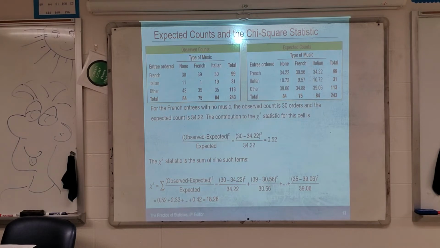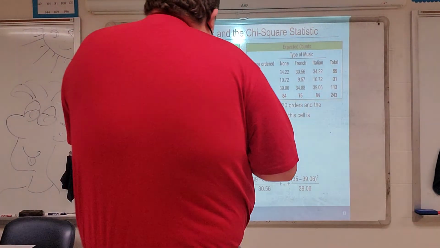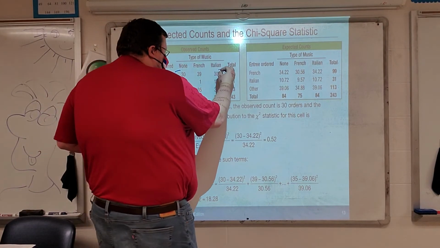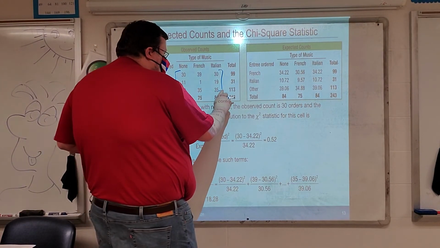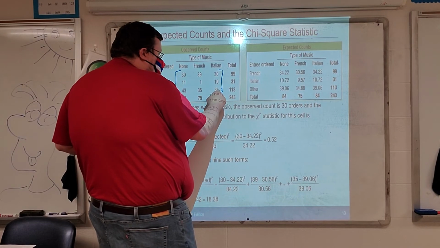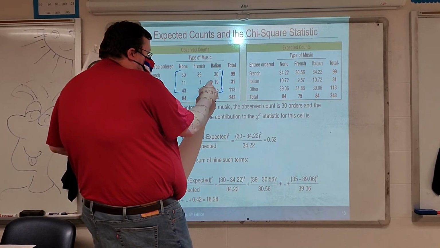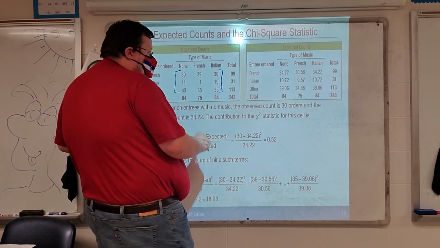We have to put these matrices. We're going to take this data right here and put this in as one matrix of our observed values: 30, 39, 30, 11, 1, 19, 43, 35, 35.